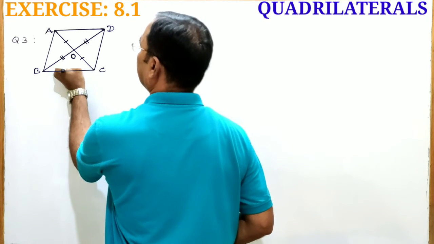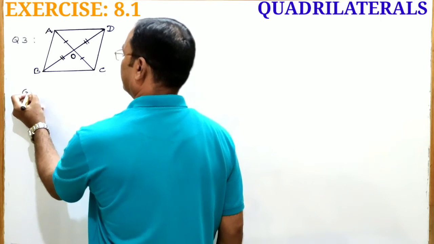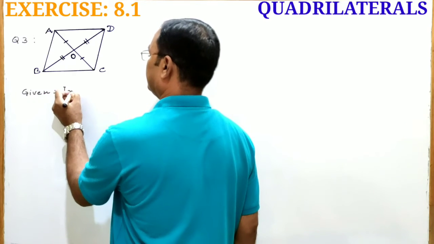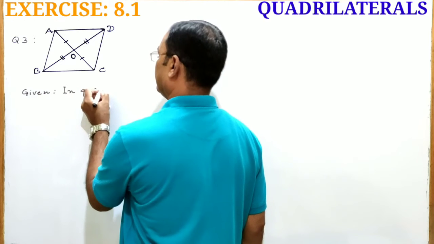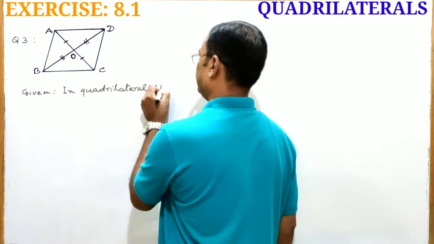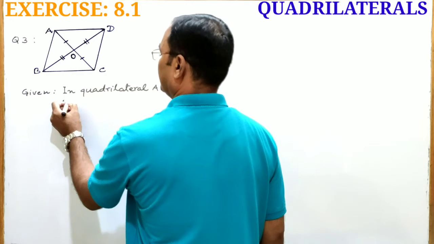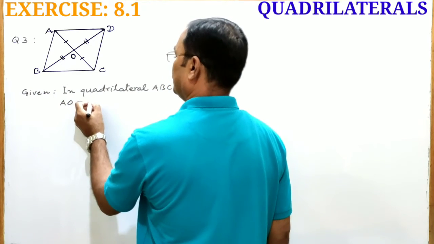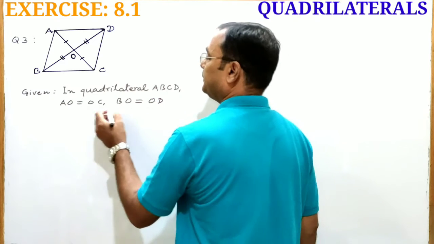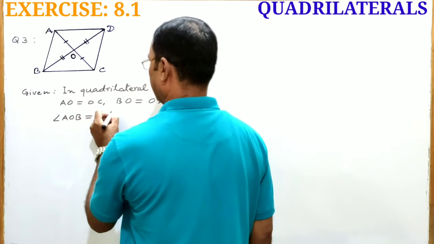So let's write given, in quadrilateral ABCD, AO is equal to OC, BO is equal to OD, and angle AOB is equal to 90 degrees.